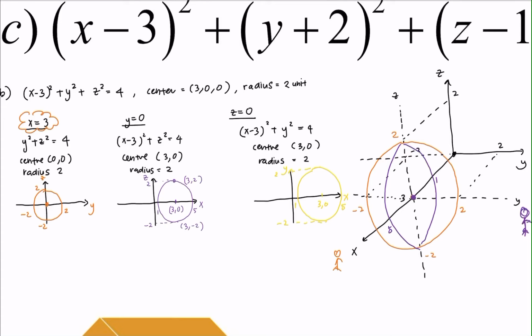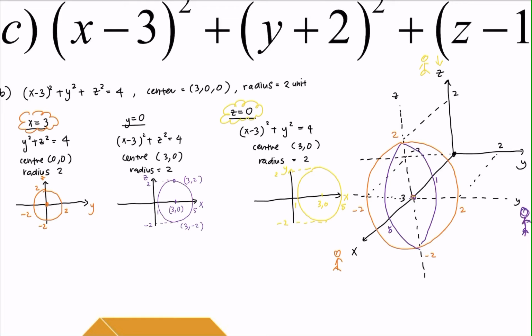Now the last one, when z equal to 0, meaning your trace is at the floor. You will be at the z axis looking down, and the center is (3, 0) for the xy plane.